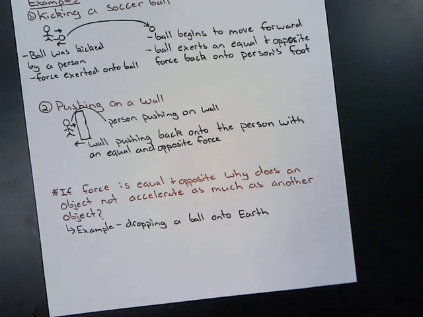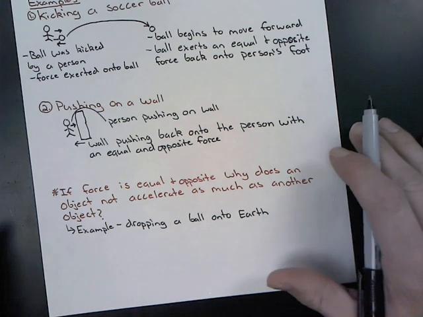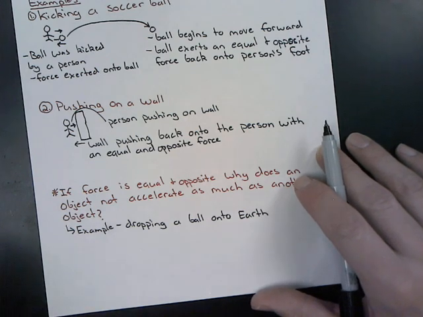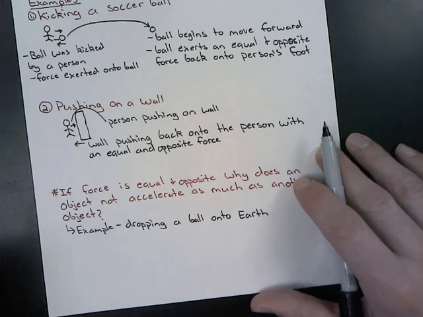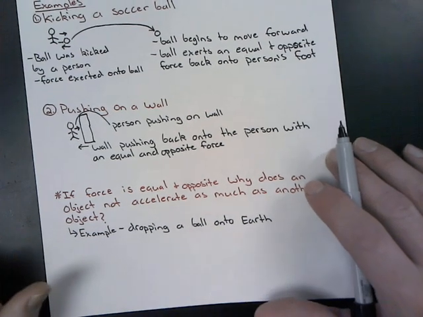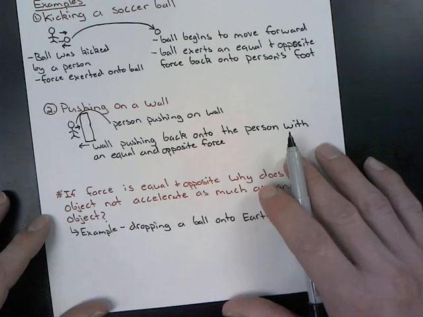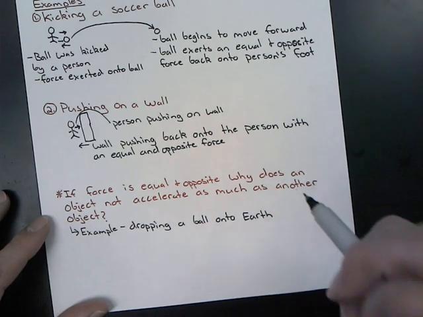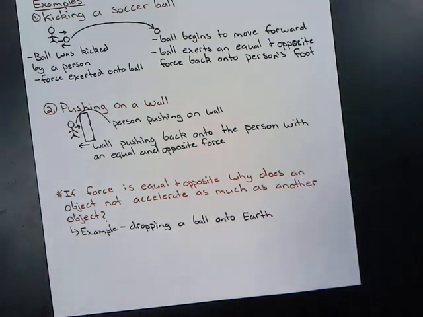Let's say you took a soccer ball and brought it to the top of your head, and then you just let it go and let that ball go down to Earth's surface. What happens as the ball strikes Earth's surface is that it exerts a force onto Earth, and thus the Earth gives that equal and opposite force back onto the ball. So the Earth is exerting an upward force.